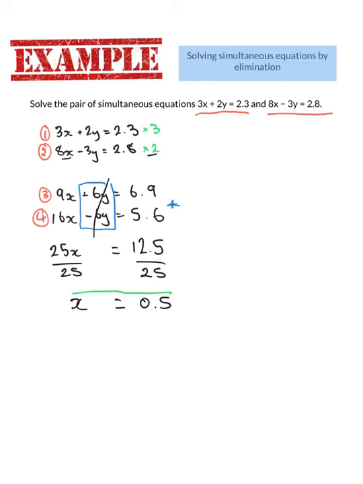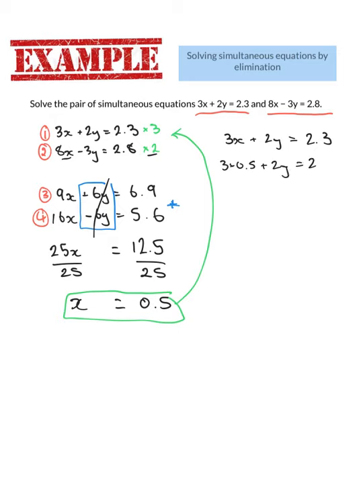Now that we've found x, we substitute it back into our first formula like we have been doing previously, and we use that to find y. So let's write out 3x plus 2y is equal to 2.3. Sub our x value in: 3 times 0.5 plus 2y equals 2.3. 1.5 plus 2y equals 2.3.